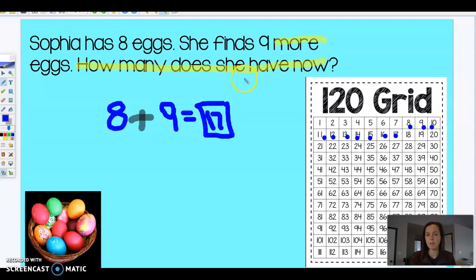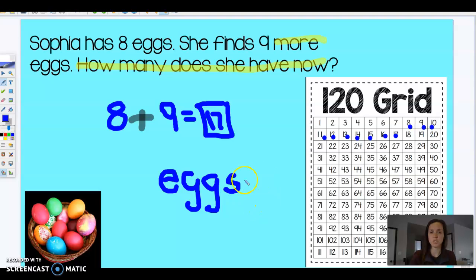That's one strategy. My other strategy is the make a 10 strategy. I'm going to take my 9 and make it 10, so that means I have to change my 8 to a 7. So 10 plus 7 is 17. My unit: eggs. Okay, change to more. Let's move on.